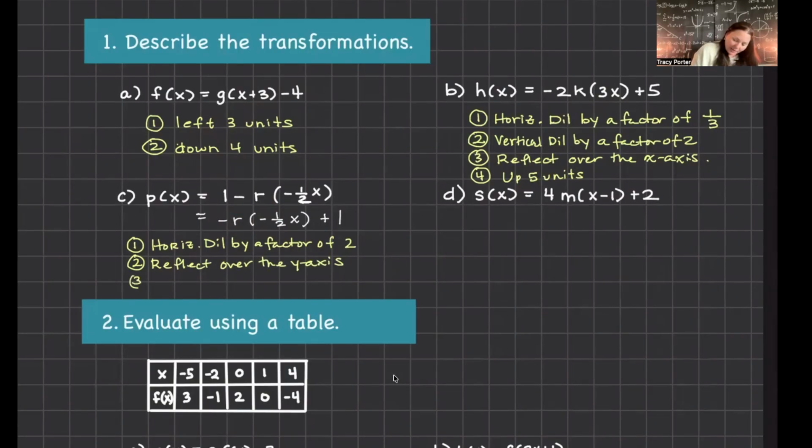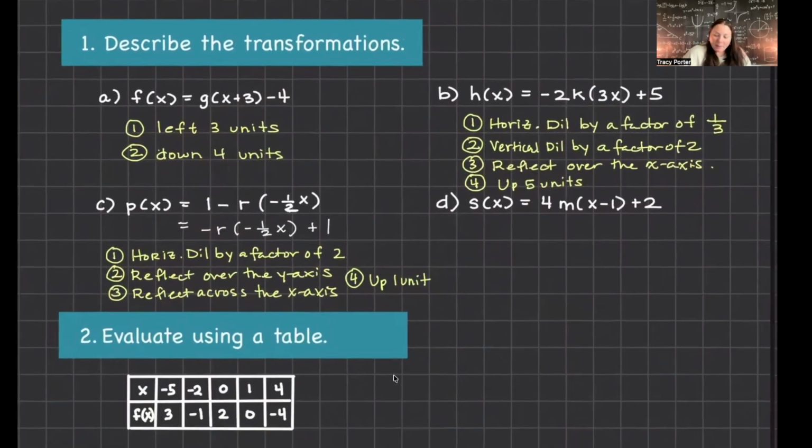And then the minus on the outside over here is going to be a reflection over the x-axis. And then the fourth thing that we would say is it's going to go up 1 unit. Okay, up 1 unit.